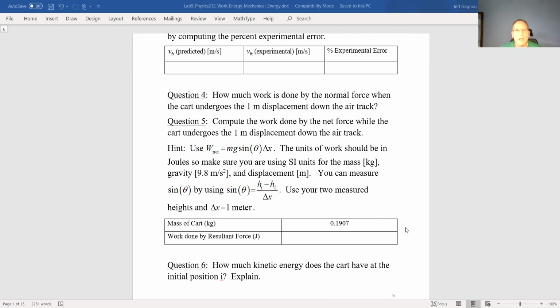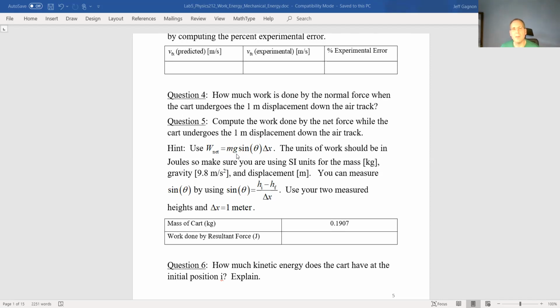Question 5. Now I want you to compute the work done by the net force while it undergoes the 1 meter displacement. Remember, the net work is going to be the net force times delta x times cosine of the angle. But in this case, the net force was just the x component of the weight. The displacement is delta x, and the angle was 0, so cosine of 0 is 1.